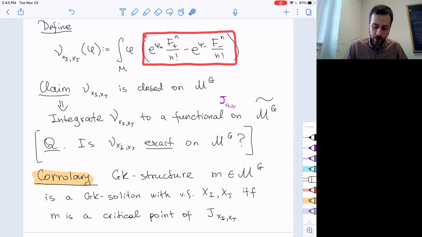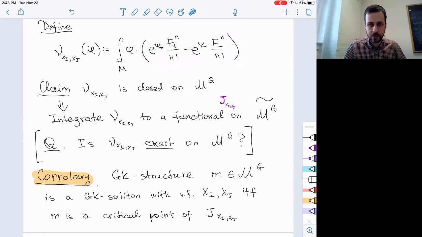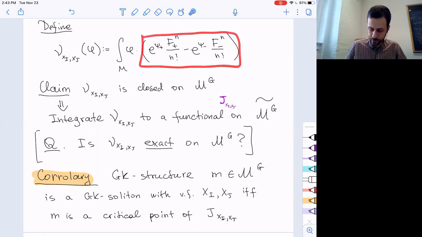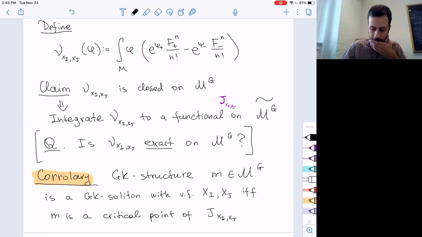And vanishing of this volume form, as we have seen, is the missing ingredient in the soliton equation. So we have already all points characterizing a soliton except for having this vanishing. Okay. Any questions?